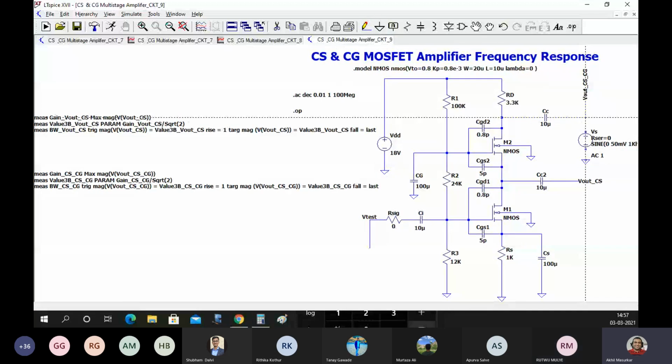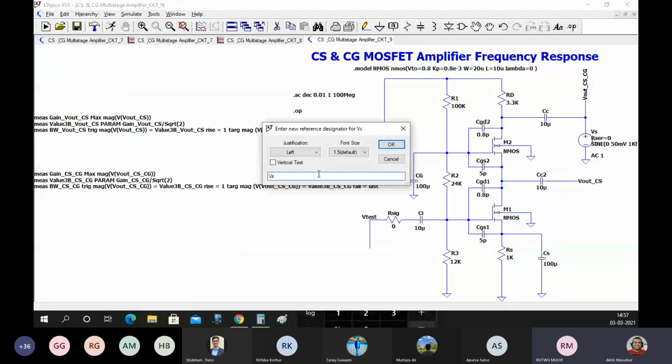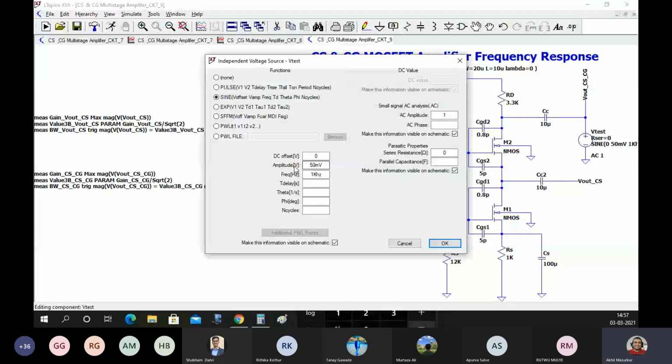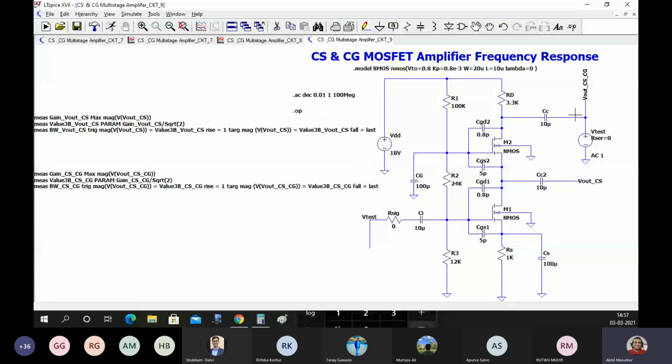So now we will call this V-test, and this is no longer a sinusoidal source, so it is none. And here there is no need to connect anything.